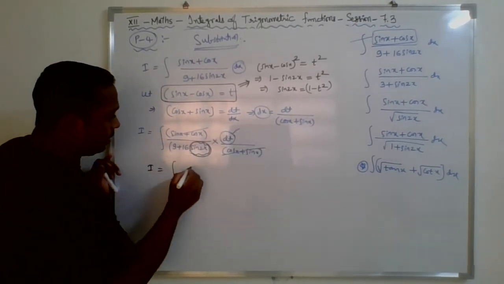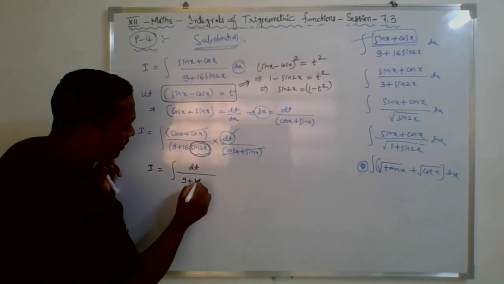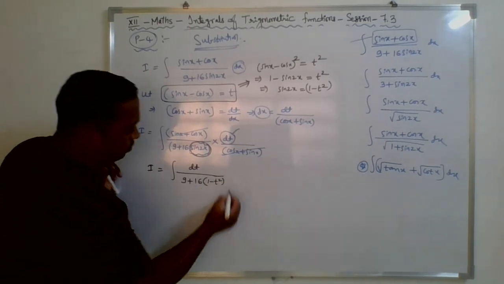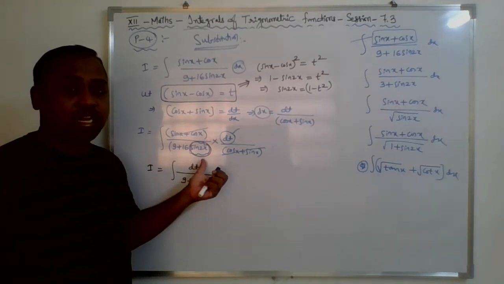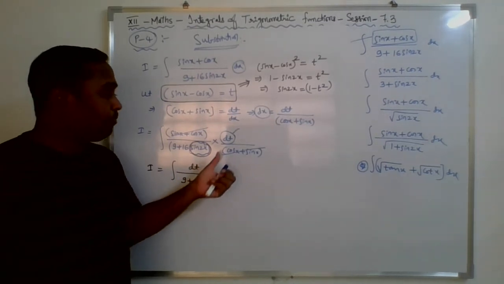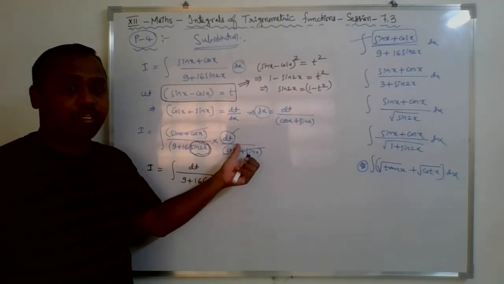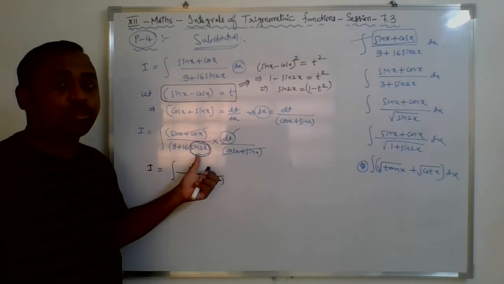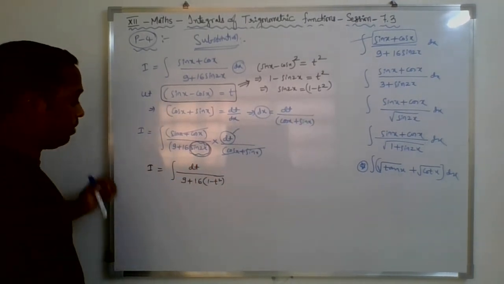So I is equal to dt upon 9 plus 16 into 1 minus t square. I hope you have understood why we need to change sin 2x. The reason is that we are doing the integration with respect to t, hence we need to change the sin 2x function in terms of t only, then only the integral is possible.